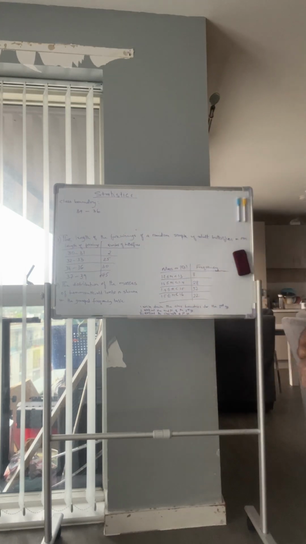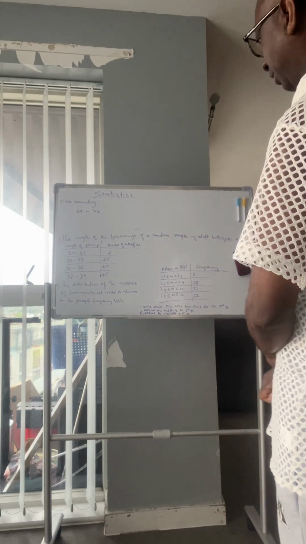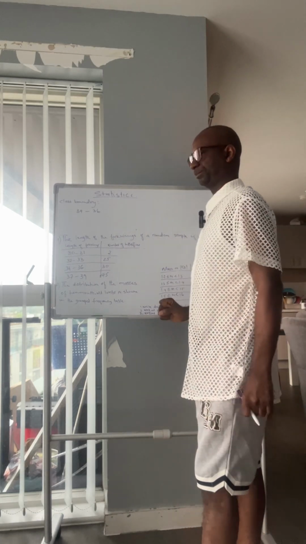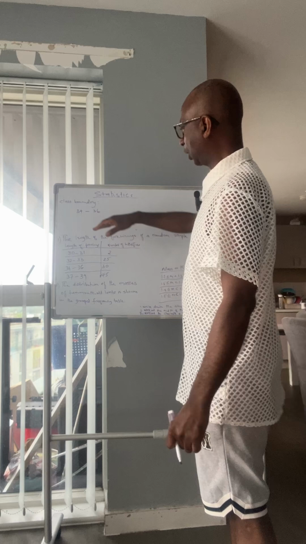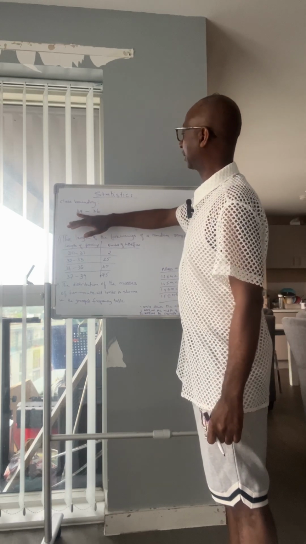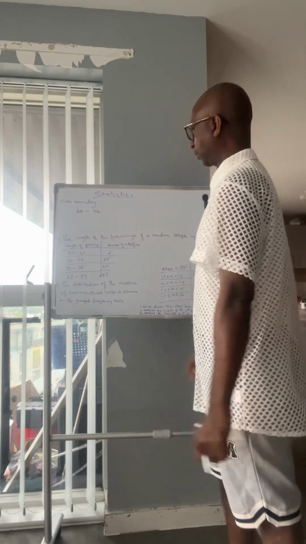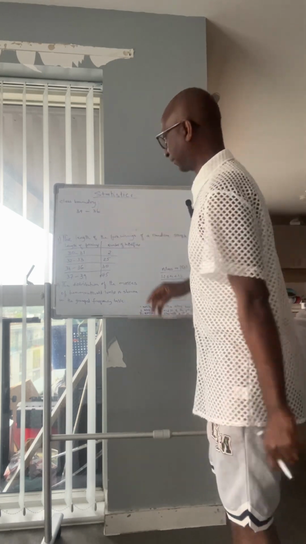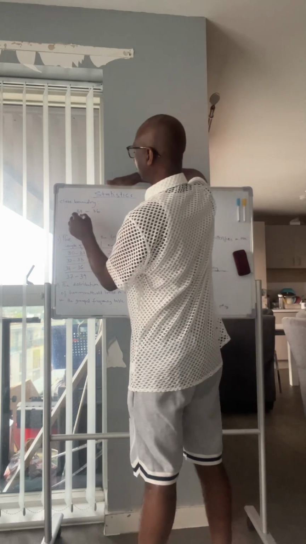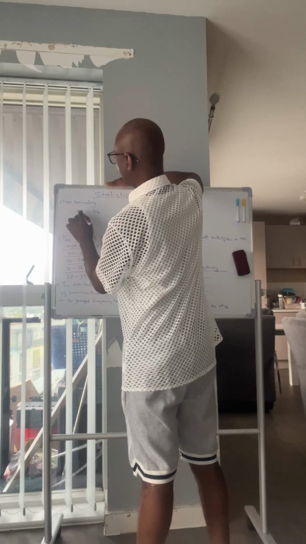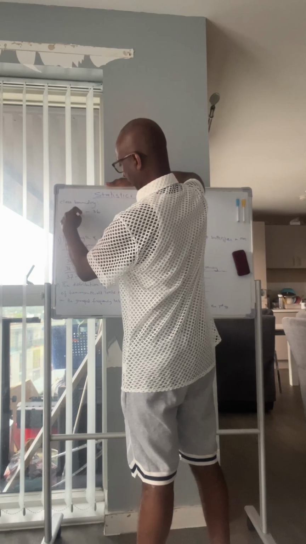If you want to calculate the class boundary of this group, the 3rd group, what do you do? You reduce this by 0.5, by half, and you add half to this.